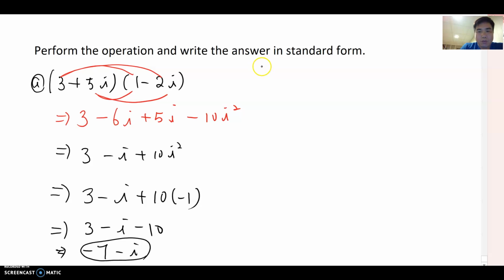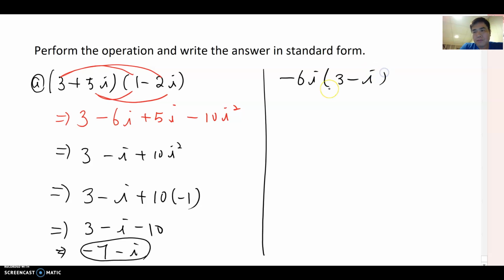Okay. Then what if we have only one monomial times a binomial like this? Yes, we just use the distribution method this time. So negative 6i times 3 becomes negative 18i, and then negative 6i times negative i becomes plus 6i squared. Like we did before, we replace i squared with negative 1.